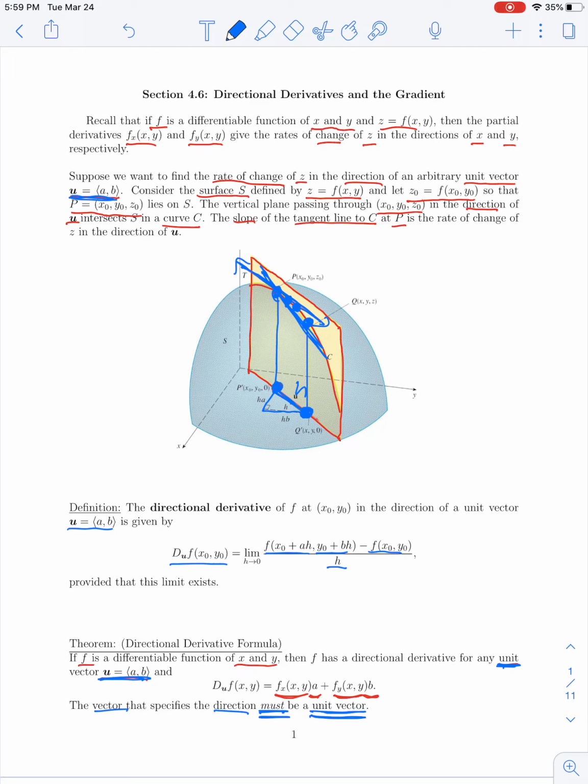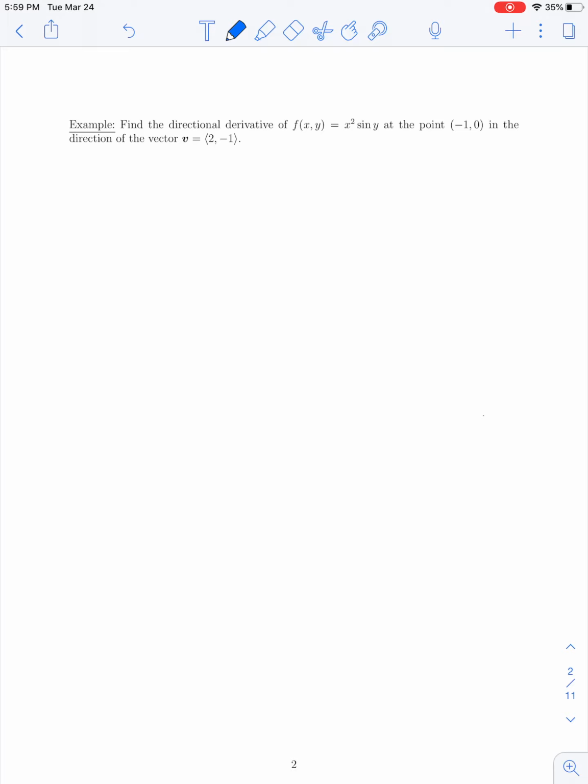So here this theorem specifies that the vector u we're working with is a unit vector. In a lot of the examples we'll see, the vector which specifies our direction is not always a unit vector. So typically we have to normalize that vector to get a unit vector that we can use with this theorem. So let's look at some examples of calculating directional derivatives.